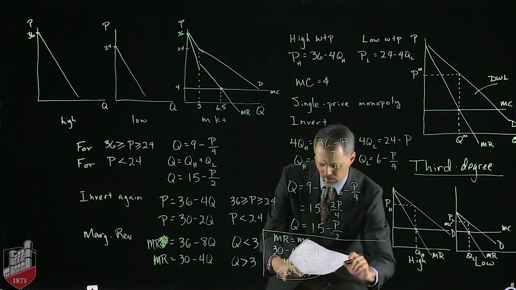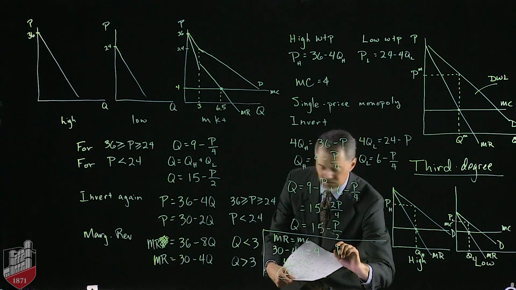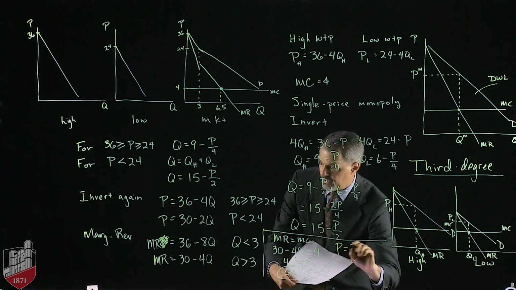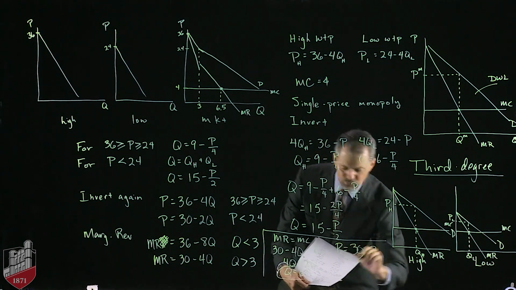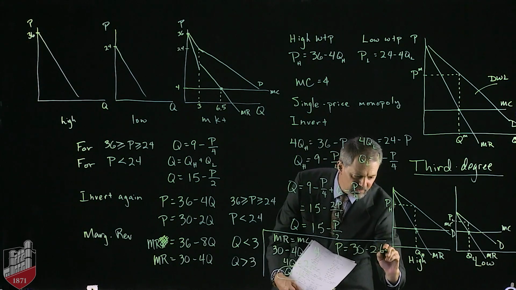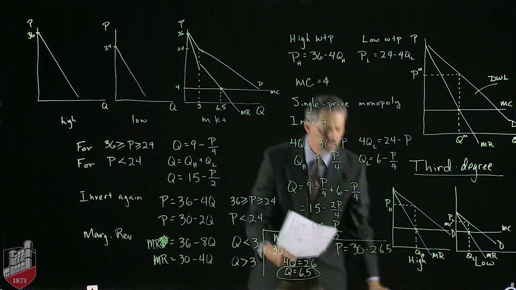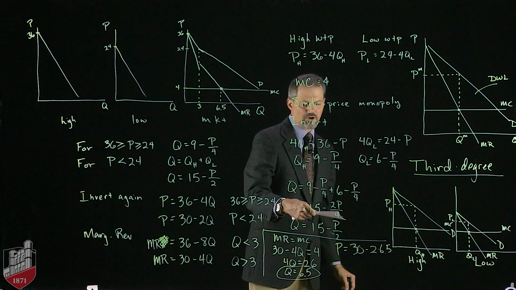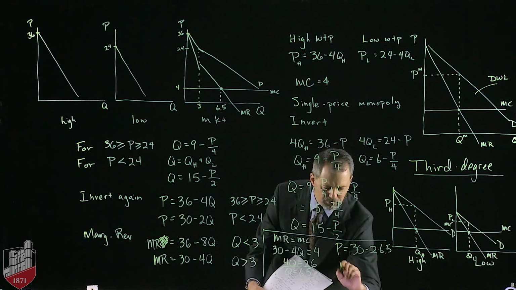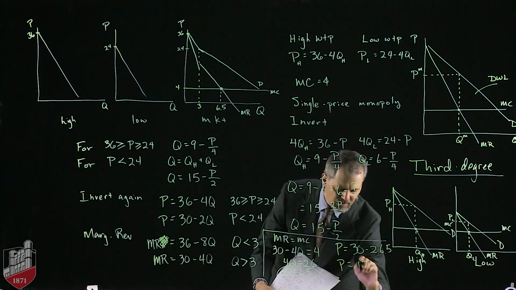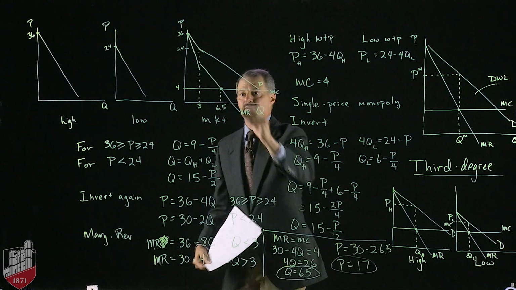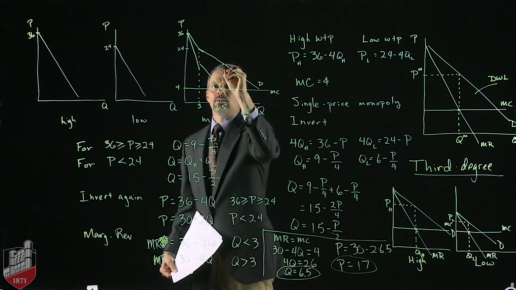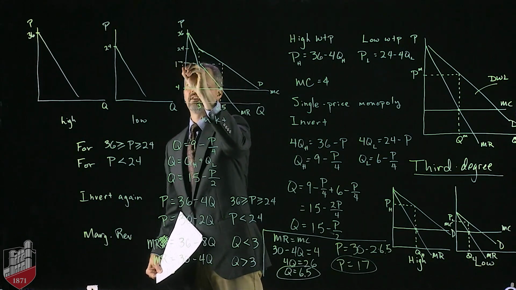Now we want price. Price is equal to 30 minus 2 times quantity, which is 6.5. Right, so that's 13. 30 minus 13, that's a P of 17. So the price right here is $17.